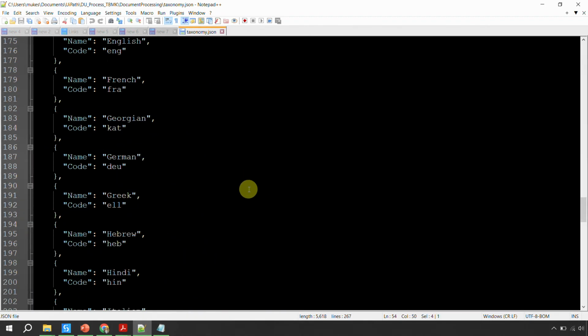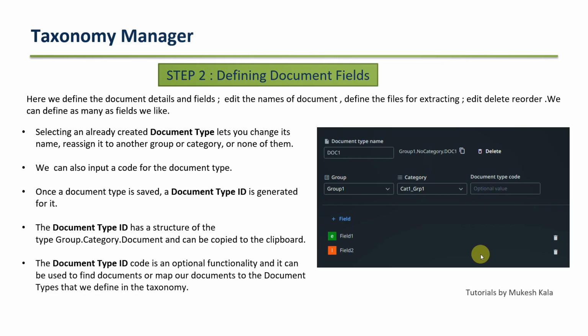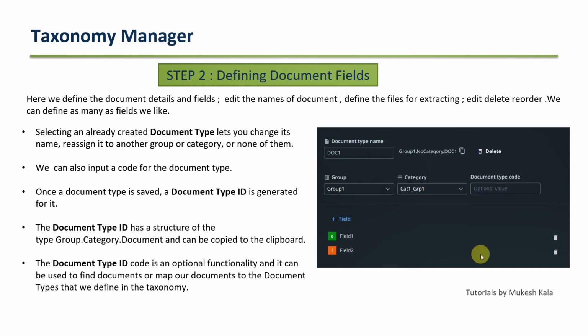So the taxonomy is automatically updated by whatever details you provide in the taxonomy manager. I hope you are able to define the document fields, and if that is the case, please comment down defining document fields or just comment down step 2. Okay, so step 1 and step 2 are done for the taxonomy manager.